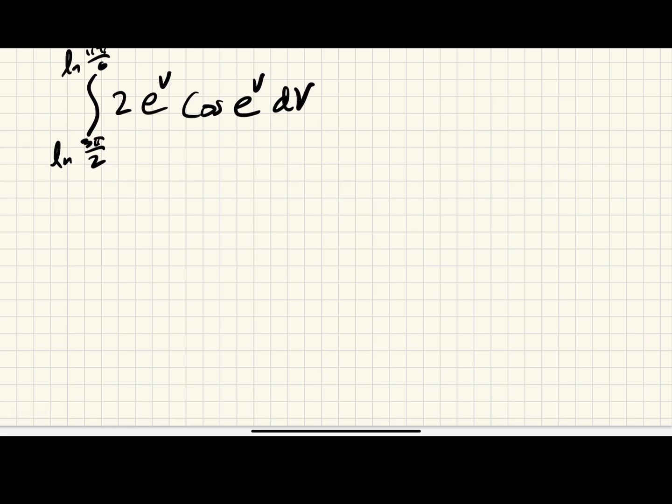So we're going to let u equal e to the v. Then the nice thing, of course, is that du would just be e to the v dv. And we got that, except we got a 2. So I could multiply both sides by 2, and I'd have 2 du equal to 2 e to the v dv. Now, I have a choice here.